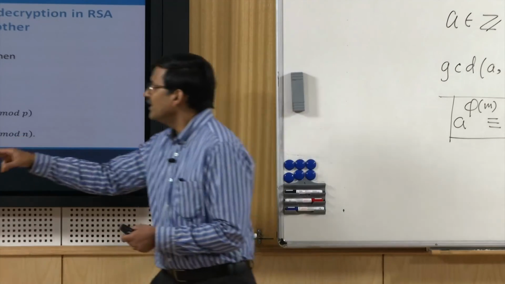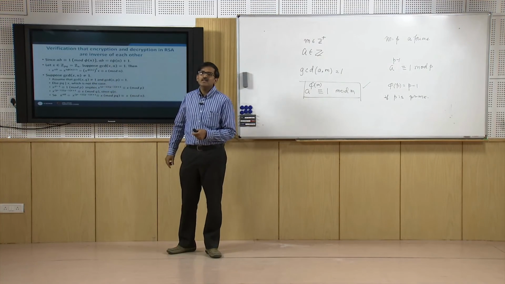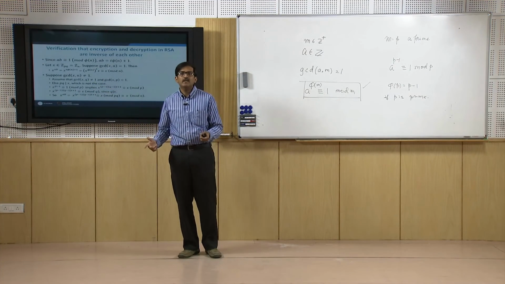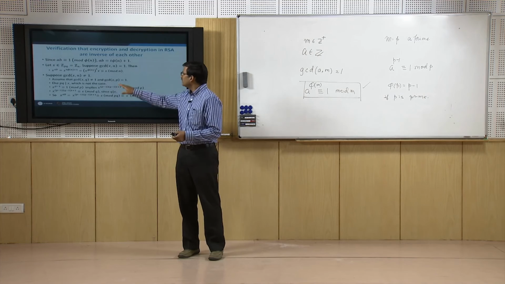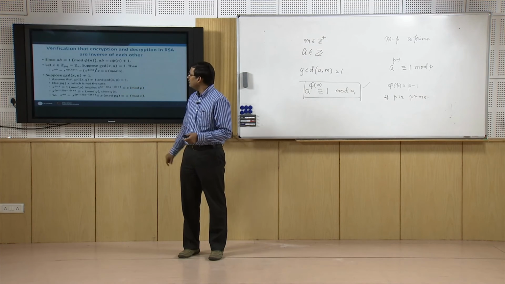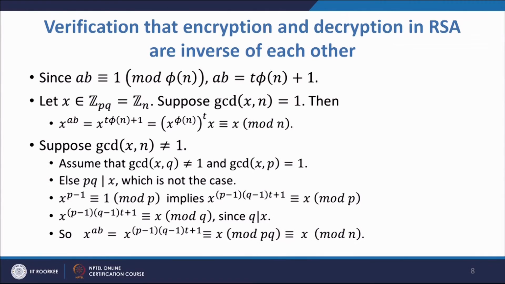Therefore, the greatest common divisor of x and q not equal to 1 and x divisible by q are the same thing. So, we have got this, and x is not divisible by p. Since x is not divisible by p, we know that x raised to the power p minus 1 is congruent to 1 mod p, which implies that x raised to the power p minus 1 into q minus 1 into t plus 1 is congruent to x mod p.